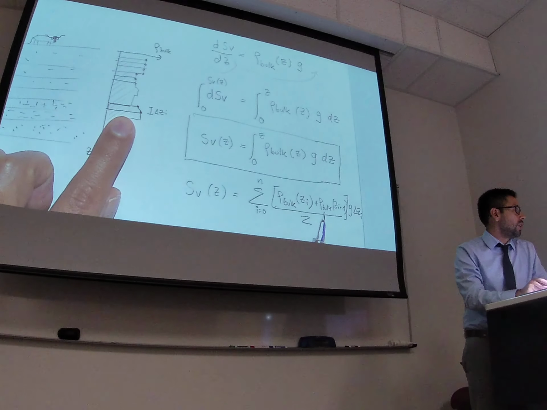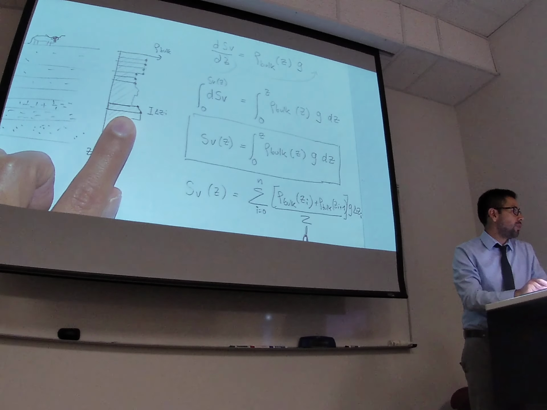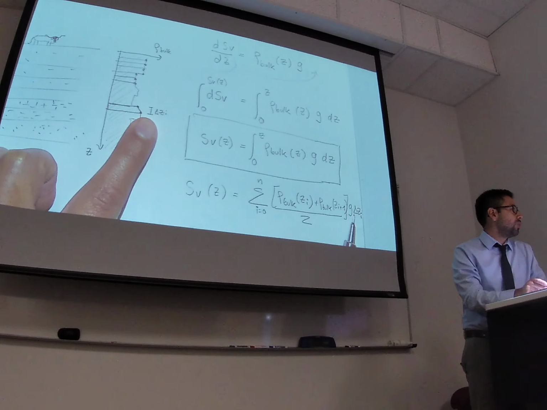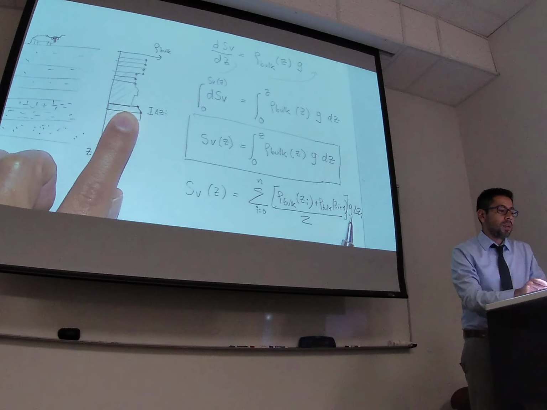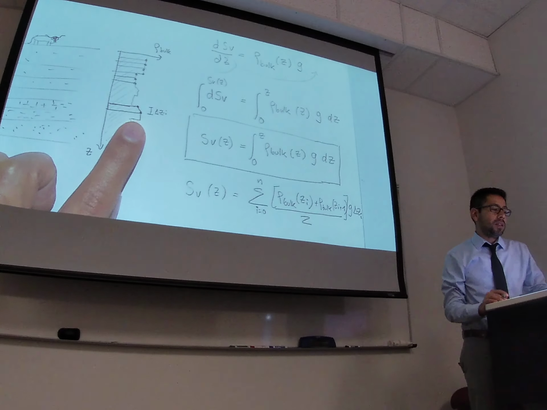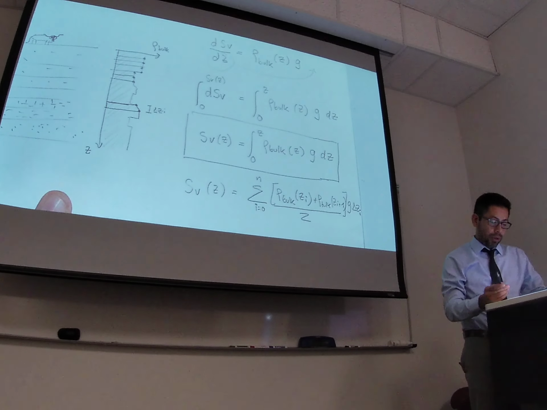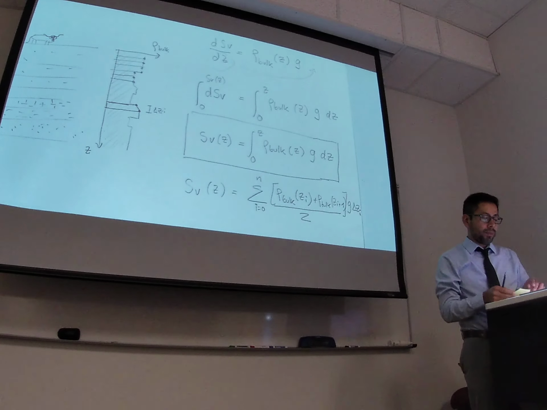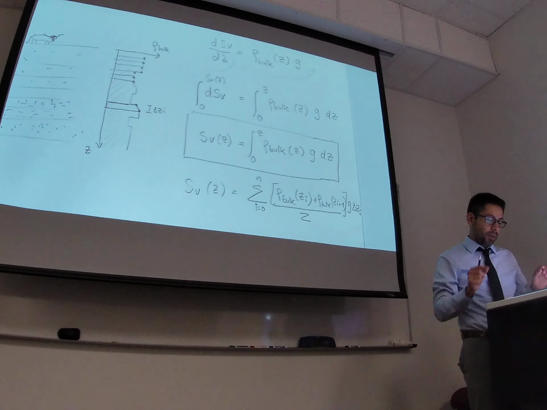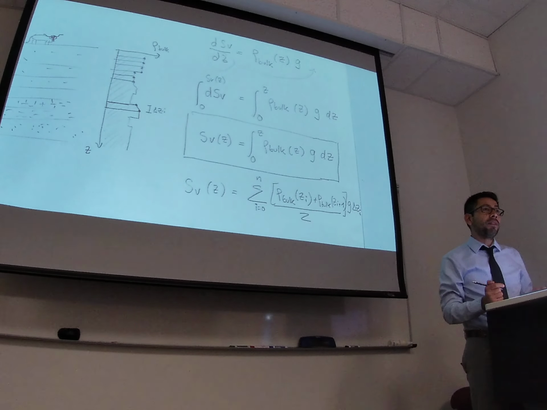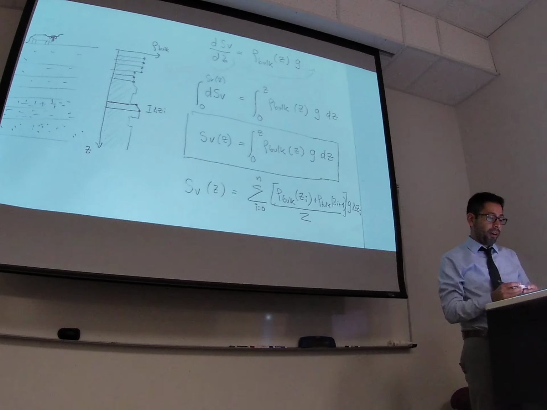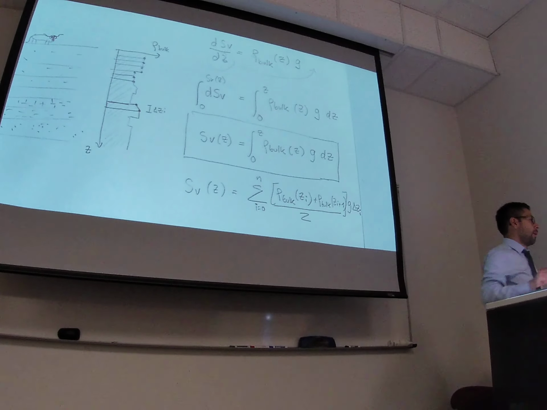And this is basically what you see over here. The average of the two heights times G times the base is going to give you the contribution of that part. So even if all of those densities are different, you can still calculate what is the value of SV. And that's what you have to do in the homework. Okay? First, there is a sort of more or less an easy case.